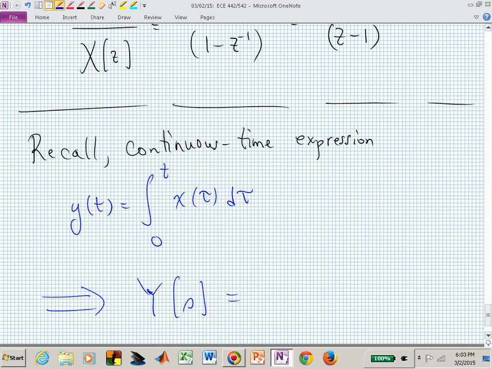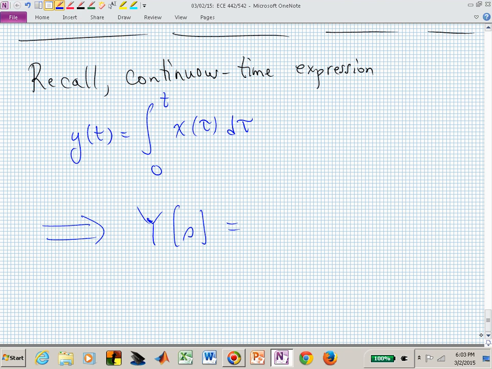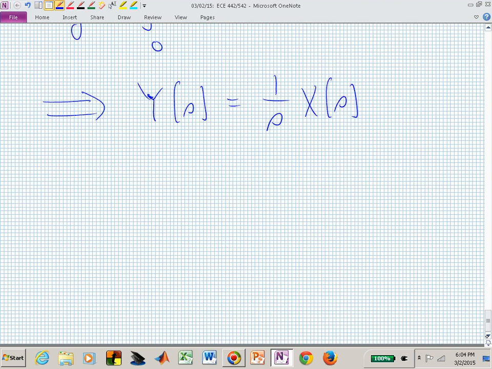What does the right-hand side become? That's just an integral in the frequency domain, which is 1 over s, capital X of s, which says that Y of s over X of s is 1 over s.